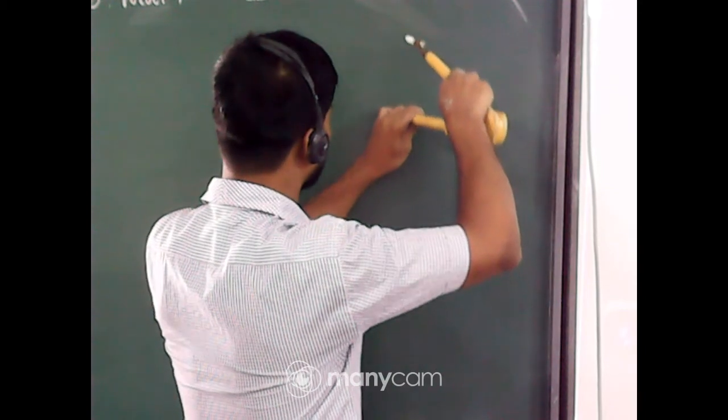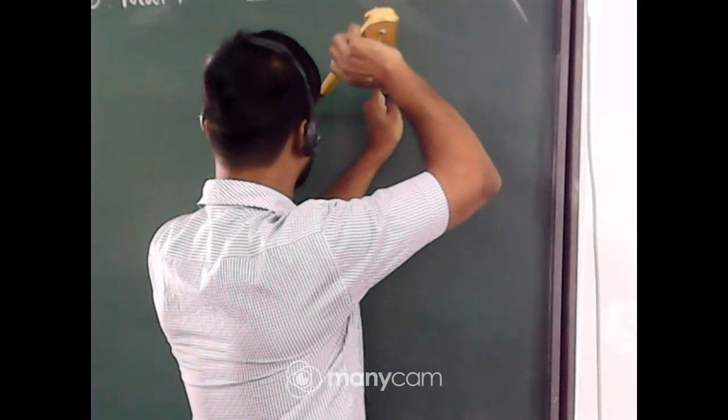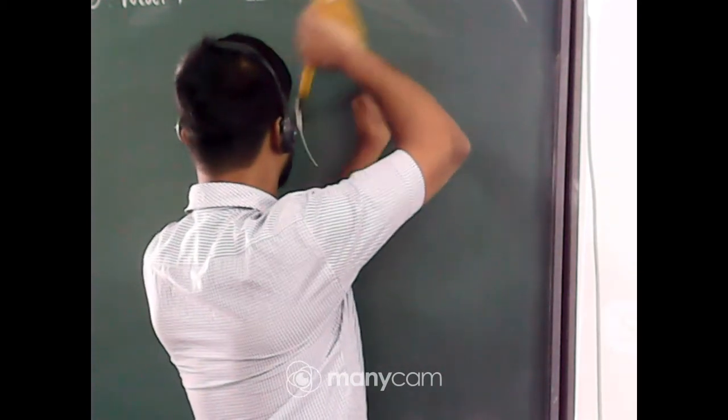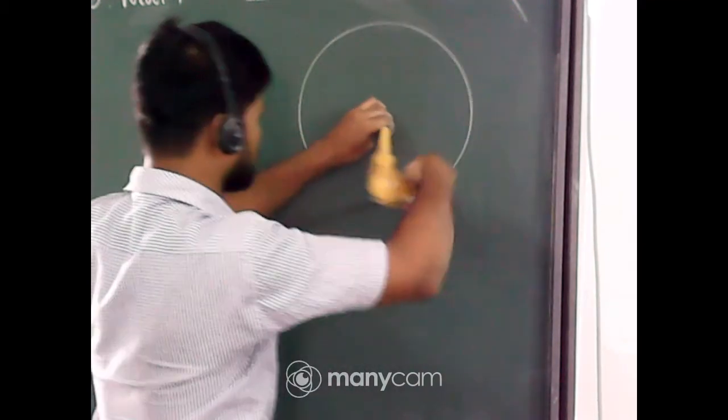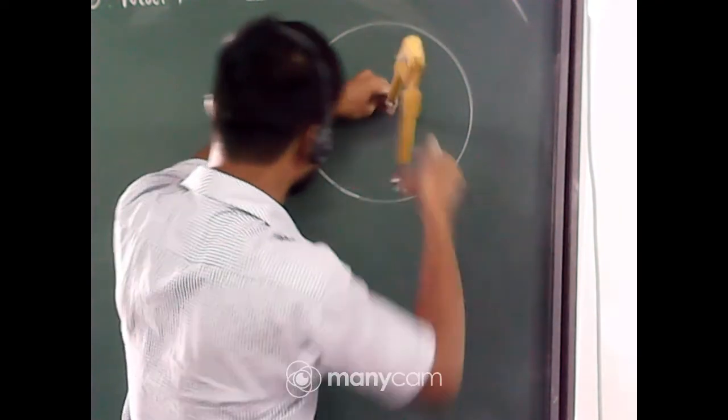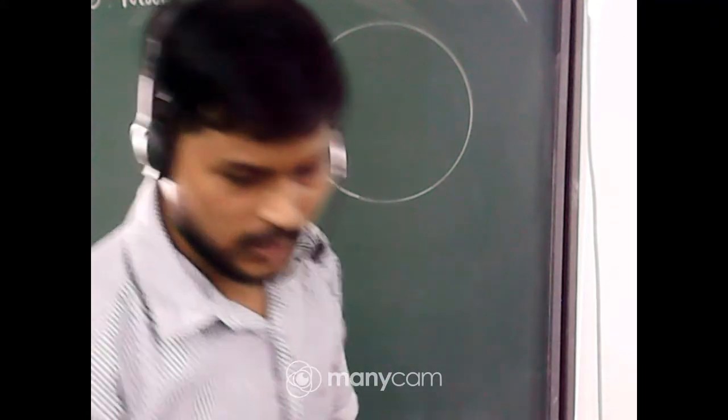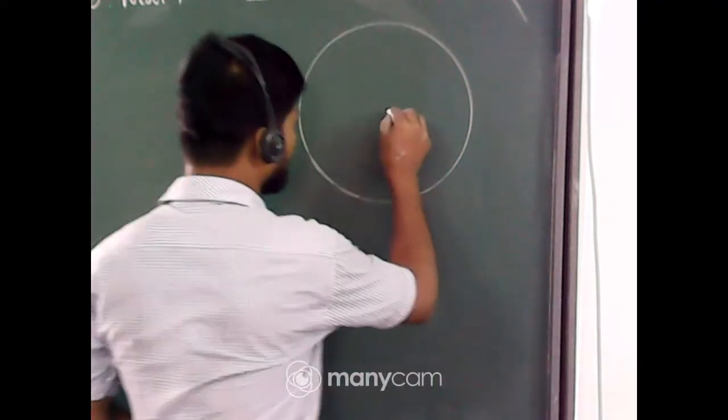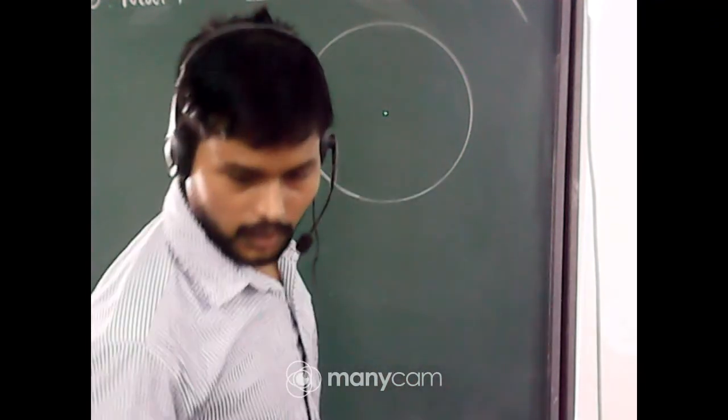Take your compass and quickly draw a circle. Okay, so this is our circle with the center O.